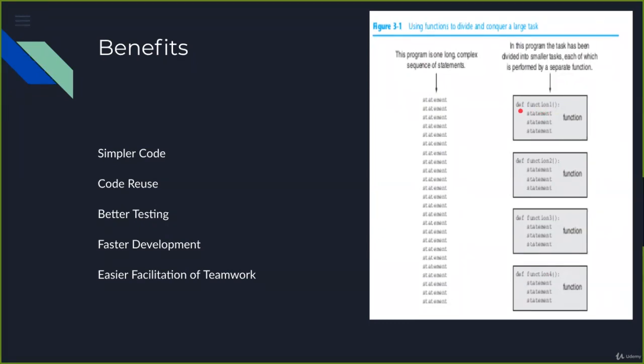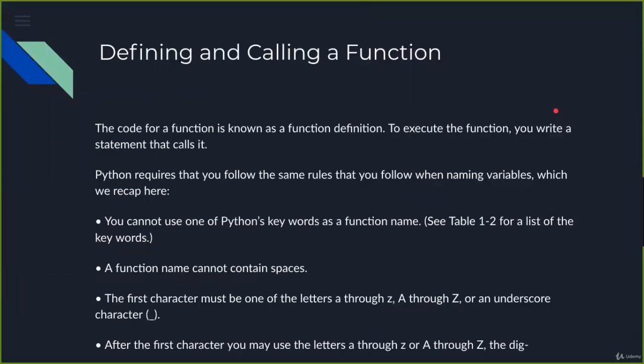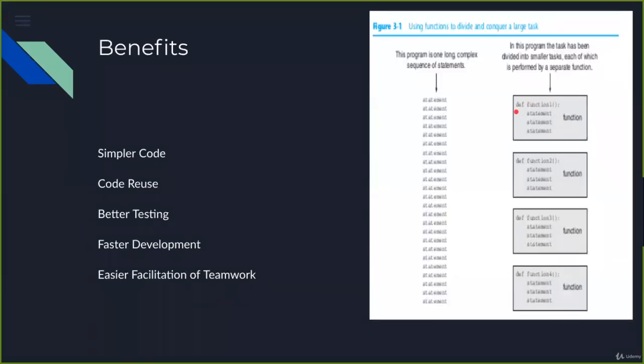So this is how you actually define a function. This first line is called the function declaration part, and whatever follows after the keyword def is known as the function name.